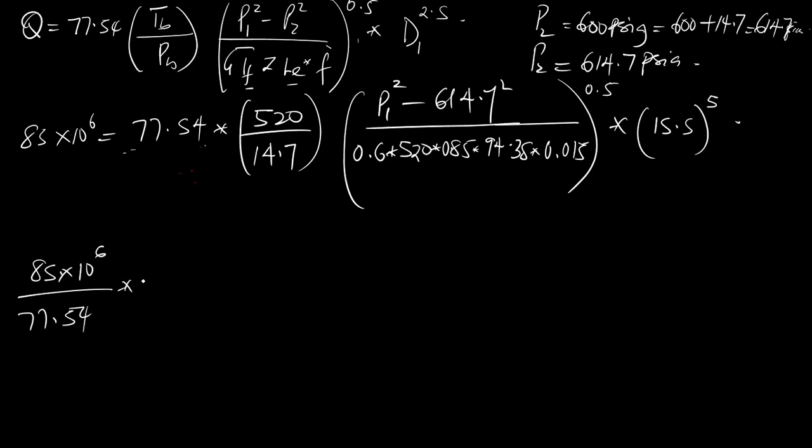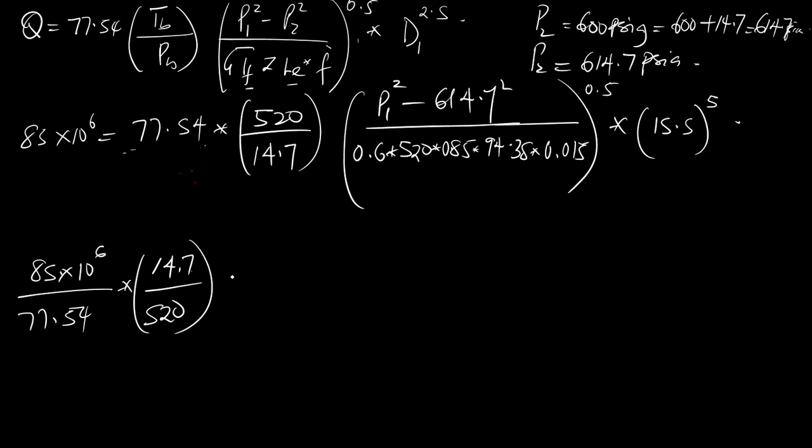Now we are dividing the whole by this. So on the left hand side you have 14.7 times this whole thing divided by 520.